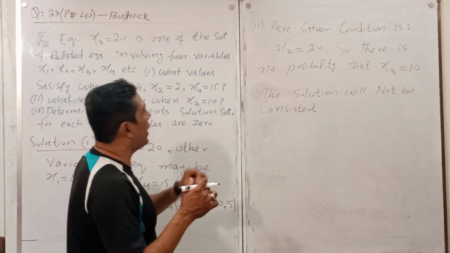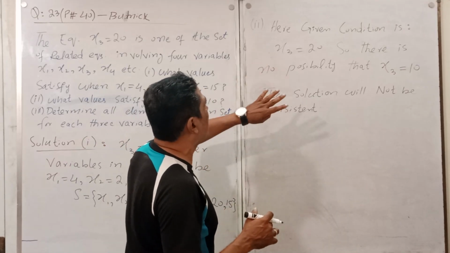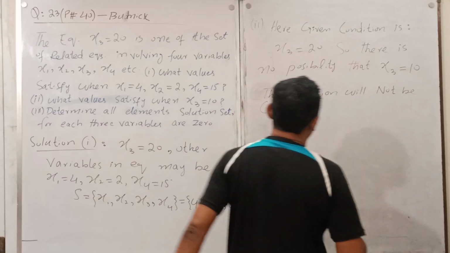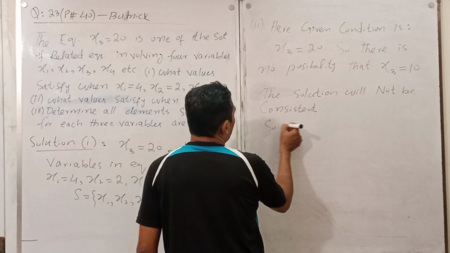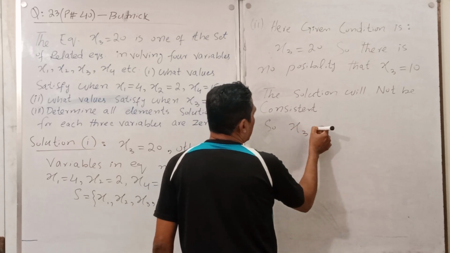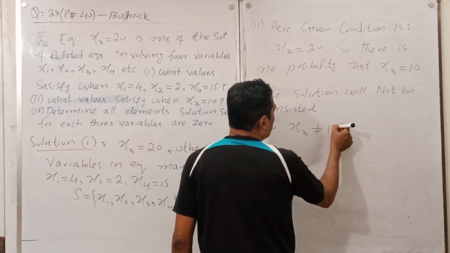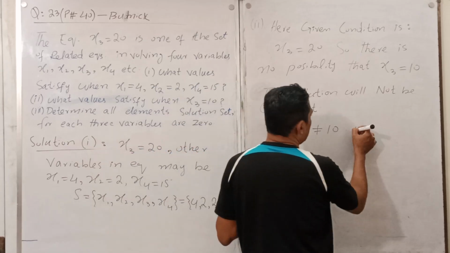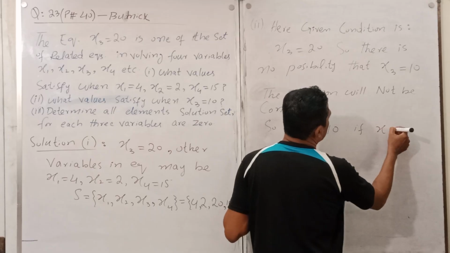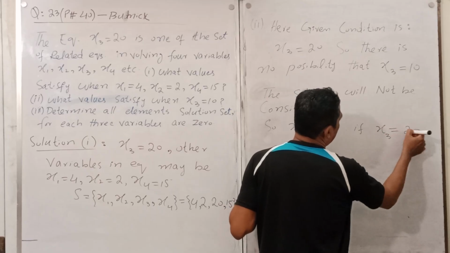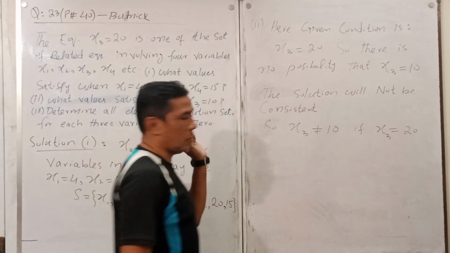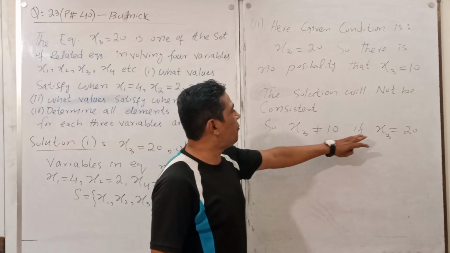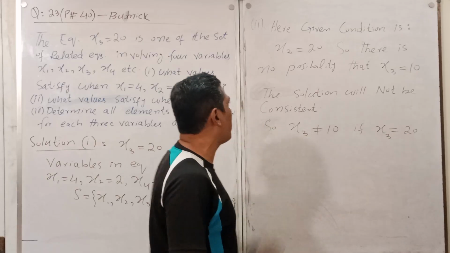So there is no possibility that x3 equal to 10 here. x3 cannot be equal to 10 if x3 equal to 20.